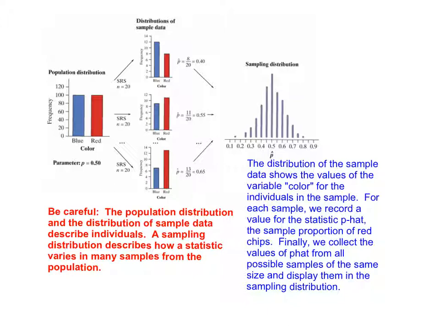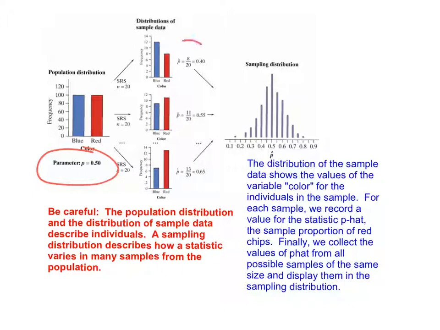On the left, what you have is data from different samples. Really simple question. Preferred color, blue or red? Those are your only 2 options, right? And we are looking at the proportion of people that said red. We think it's going to be right around 50%. But this shows 3 different samples.